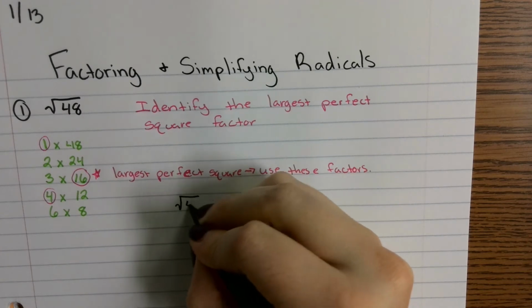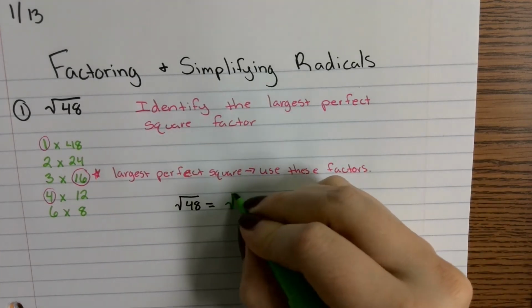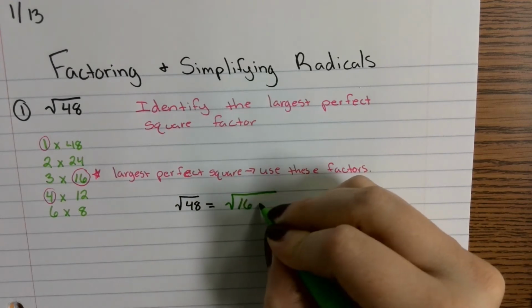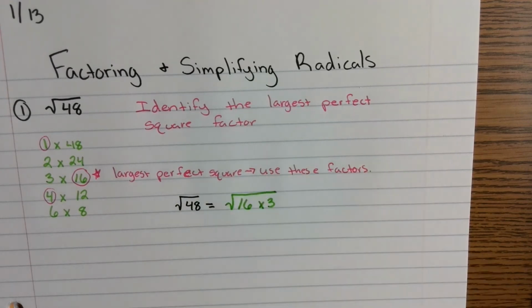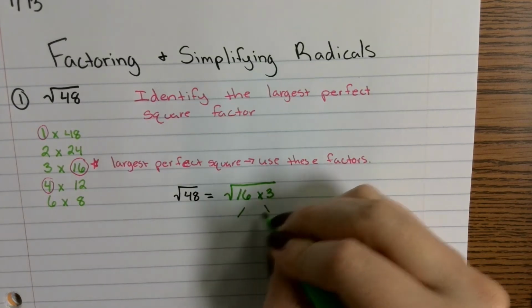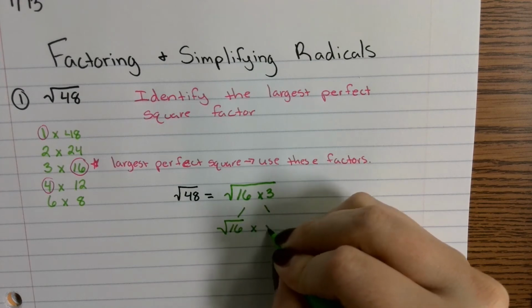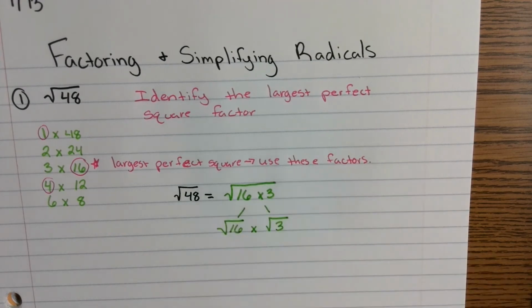So square root of 48, I want to break it apart into the square root of 16 times 3. By doing that, I know I can break this apart into an individual square root of 16 times an individual square root of 3.